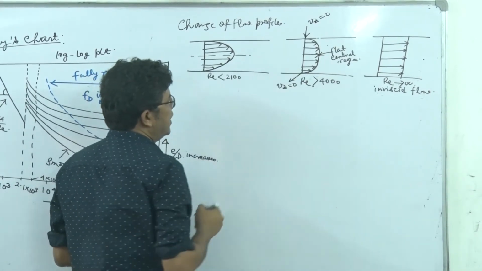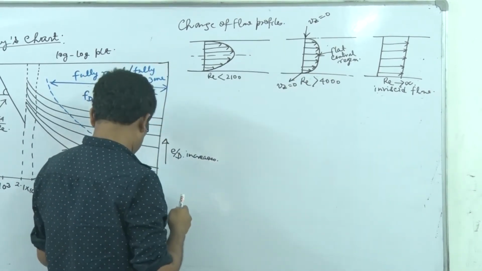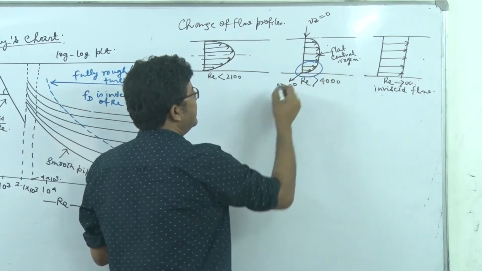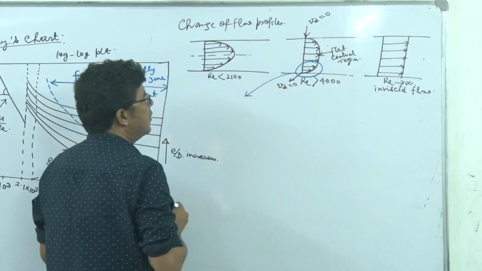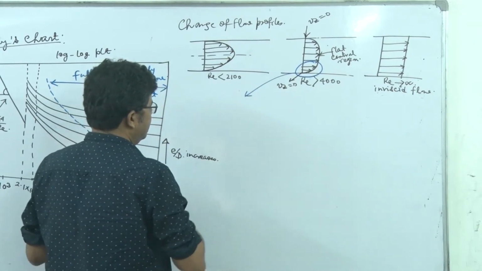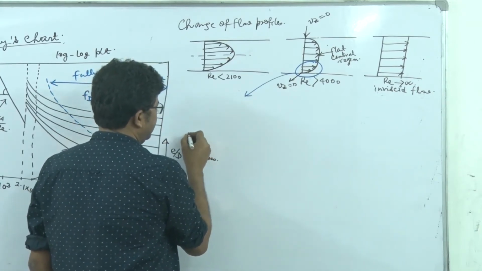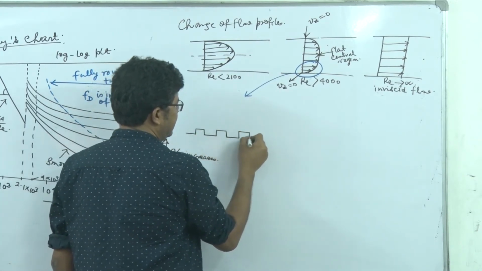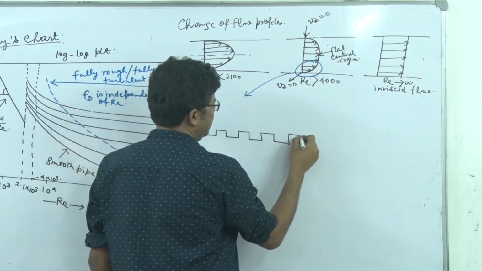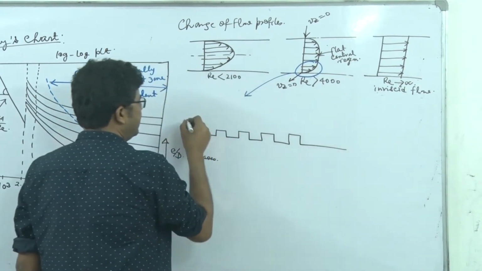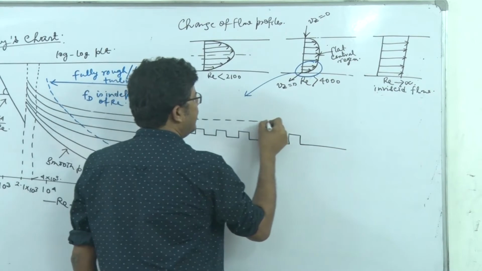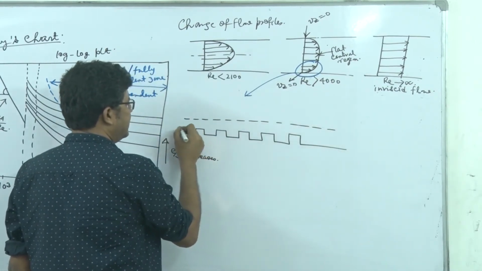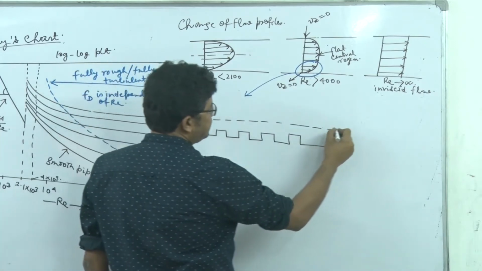So if I focus close to the wall, say there are roughness elements like this, and there will be a distance from the wall.